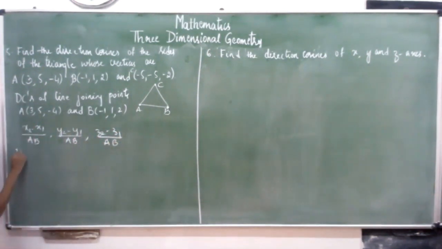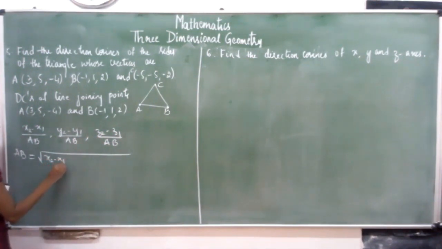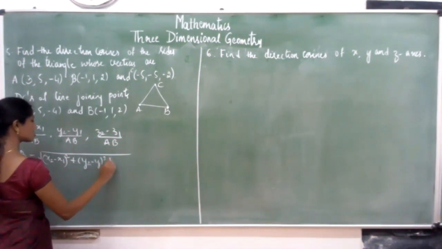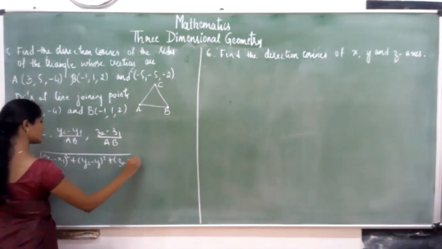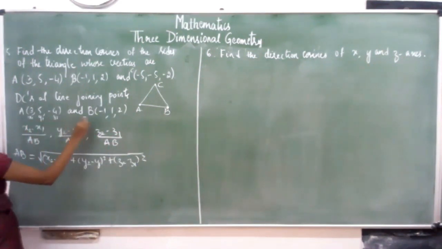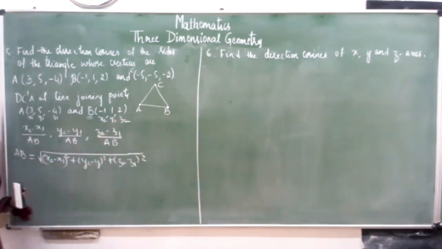And we need to find AB. AB is given by root of (x2 minus x1) the whole square plus (y2 minus y1) the whole square plus (z2 minus z1) the whole square. So this is your x1, y1, z1, and this you should write as x2, y2, z2.